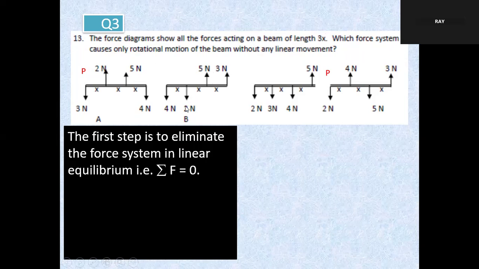This one has linear movement: 6 going down, 8 going up. So it has linear movement, cannot be the answer. This one cannot be the answer. This one has 7 downwards, 7 upwards.